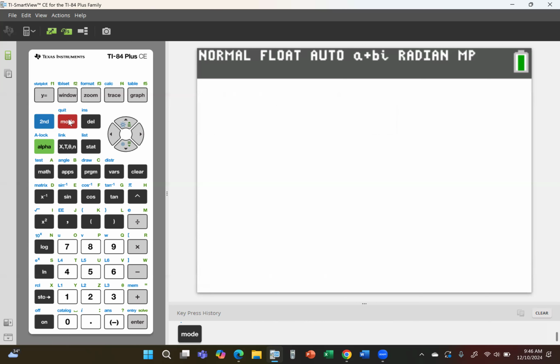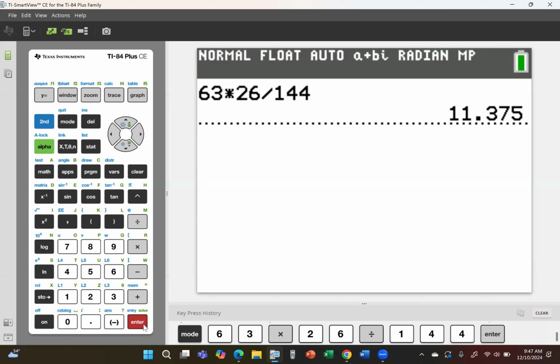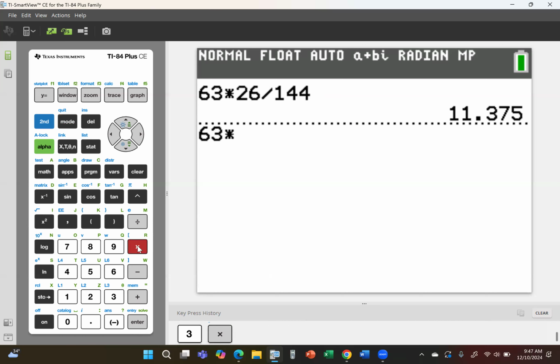So like for the first row, first column, that is 63 times 26 divided by 144. 11 point. So you got something different? Okay, let's do it. So that would be 63 times, the column total was 97, divided by 144.